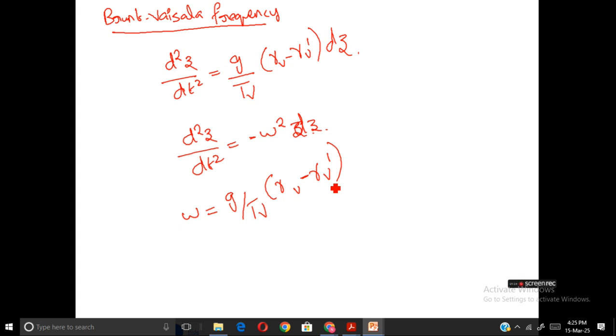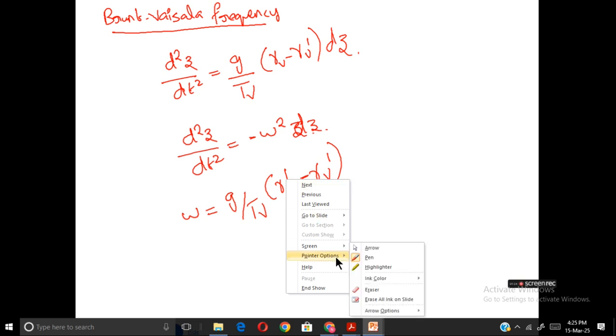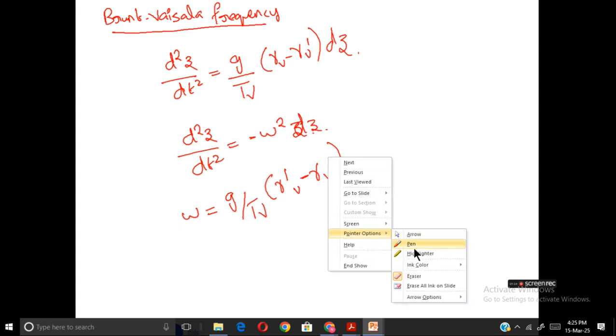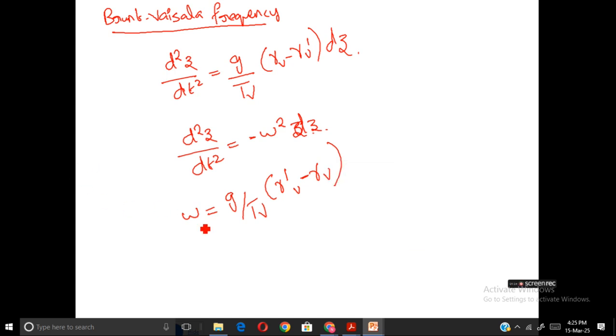Hence we are finding the solution for the equation of the form d square z by dt square is equal to minus omega square z. Here gamma v minus gamma v dash becomes gamma v dash minus gamma v, to compensate for the negatives.